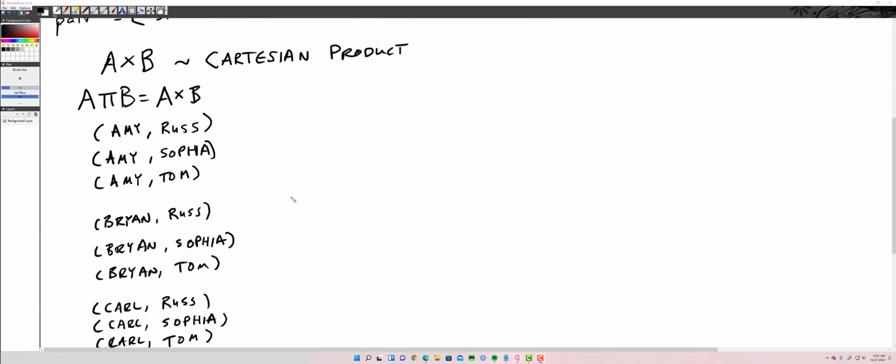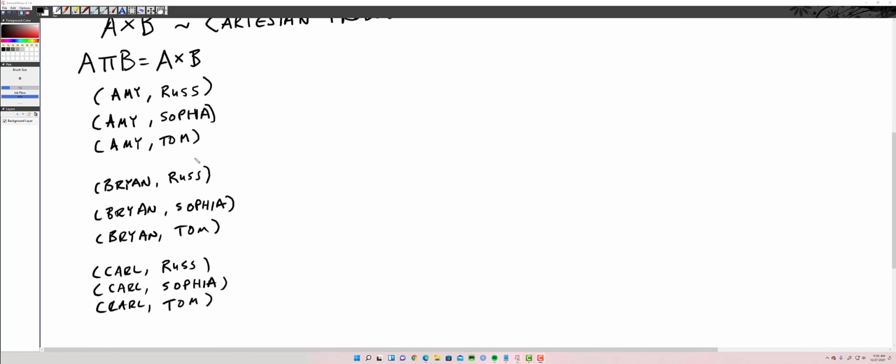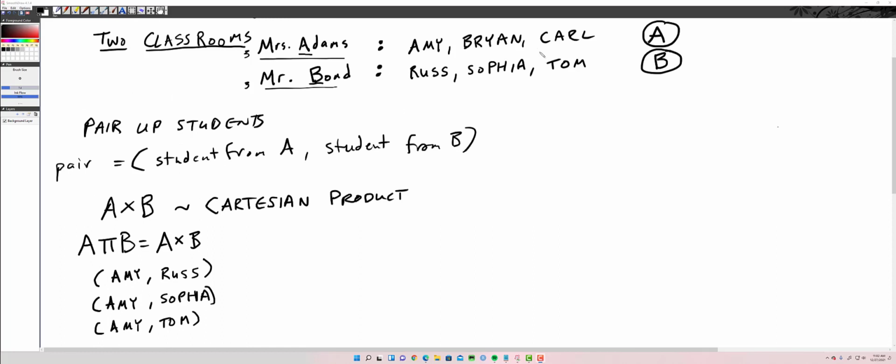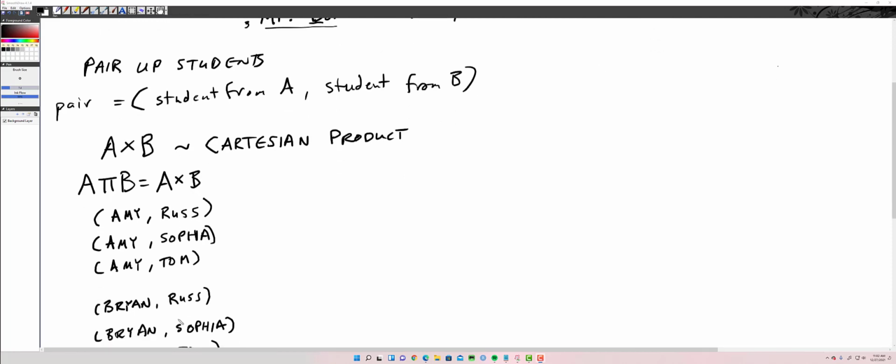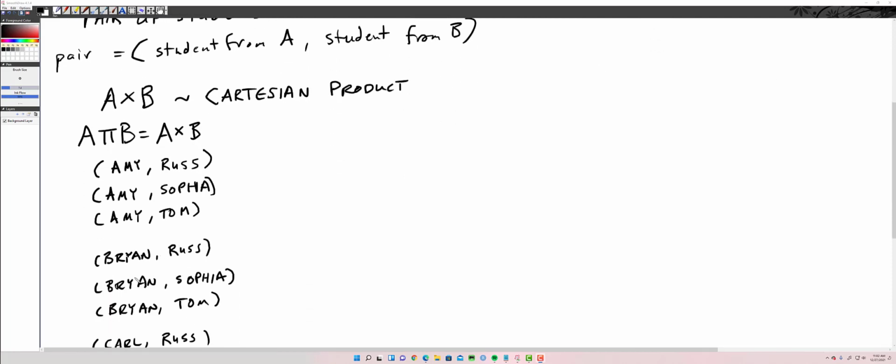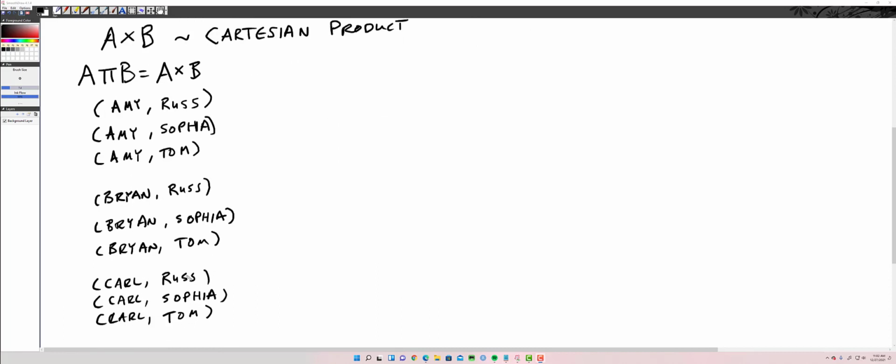Okay, so I've gone ahead and I've written down all of the possible pairs that we could make, where I've taken one element from A, and again we had Amy, Brian, and Carl in A, so you can see Amy paired up with every element of B, Russ, Sophia, and Tom. And then every element of B paired up with Brian, and every element of B paired up with Carl.